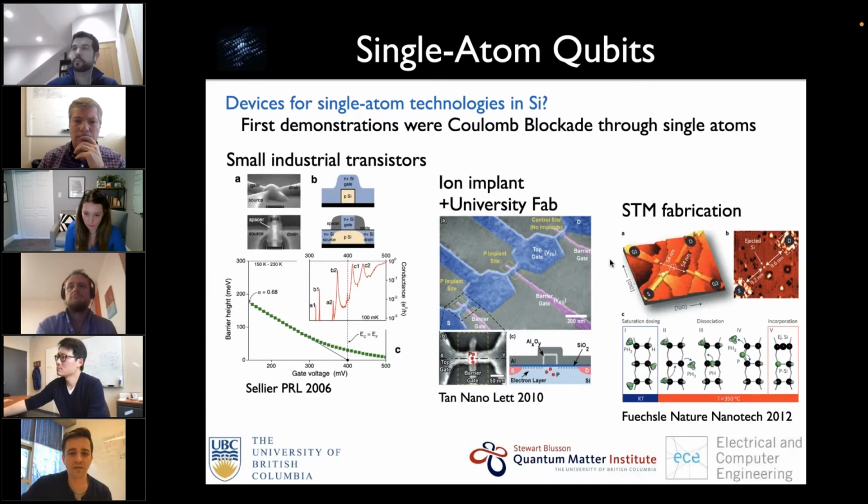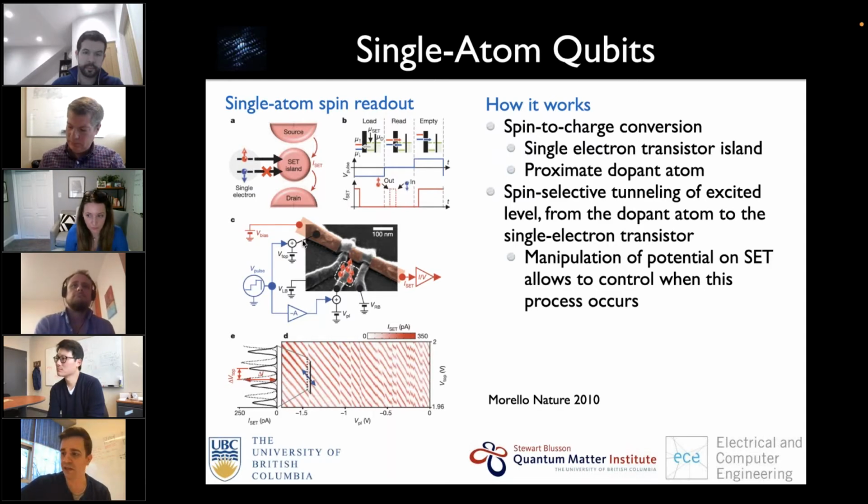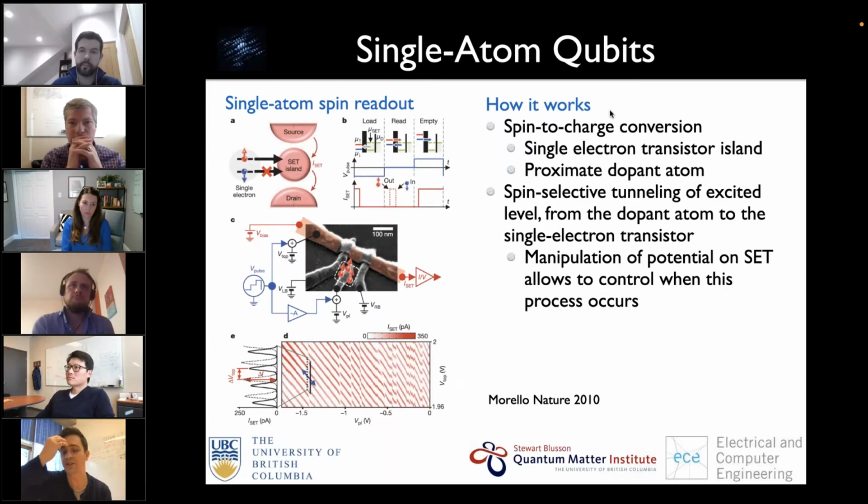Another big development was the ability to read out the spin of a single atom inside one of these transistors. It was accomplished using a standard approach taken from a different field, quantum dot research, and it uses something called spin-to-charge conversion. The reason is that the magnetic moment of a single electron is very small and hard to measure quickly. However, charge is much easier to measure using electrometers, single electron transistors.